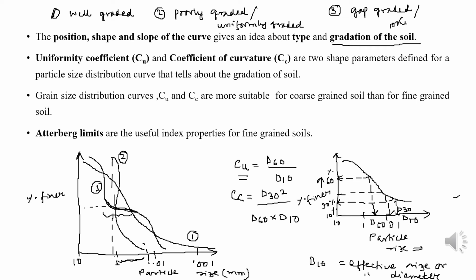Right? Now, before, we defined Cc and Cu. Using these two shape parameters, we can also say when my soil is well graded, or when it is poorly graded, or when it is gap graded. So let us draw a table for this.